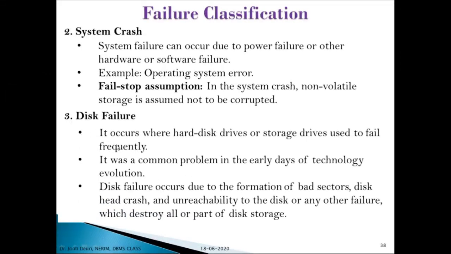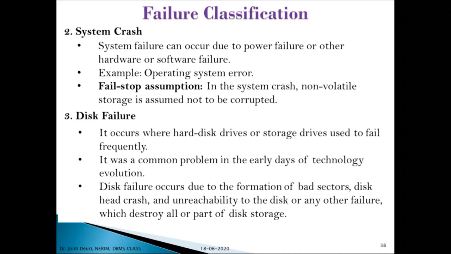Next, the disk failure also happens. It occurs when hard disk drives or storage drives fail frequently. Sometimes our hard disk may not be working, right? It was a common problem in the early days of technology. But nowadays it is not that common, because now we are getting lots of memory, right? Hard disks are now more than 1 TB.